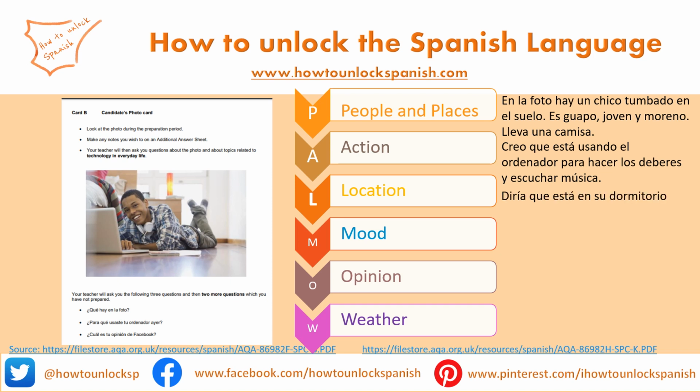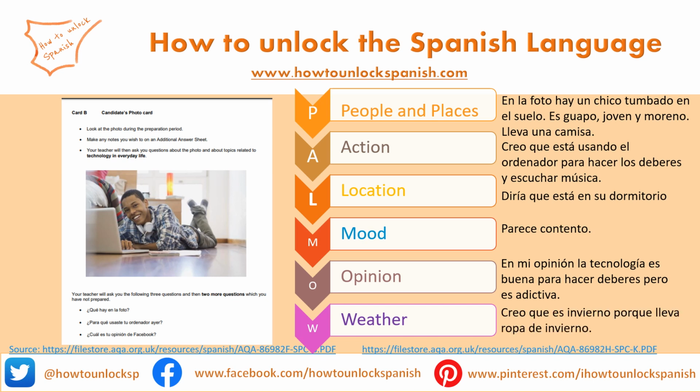For location, I may say, diría que está en su dormitorio. Mood, parece contento. I will give my opinion about the topic and the photograph. En mi opinión, la tecnología es buena para hacer deberes, pero es adictiva.